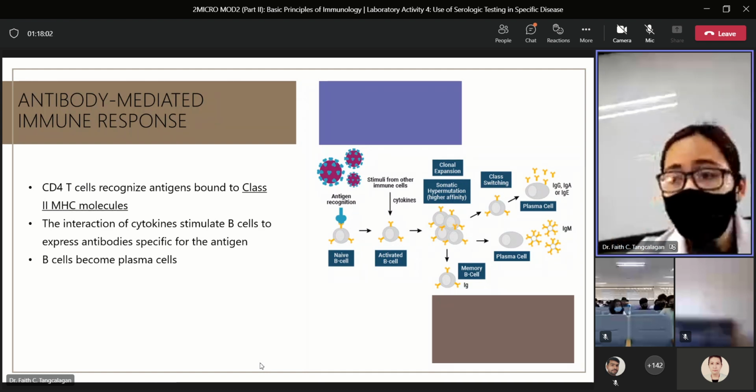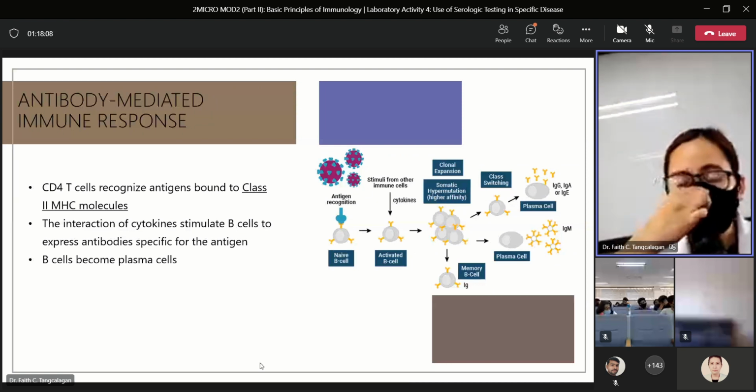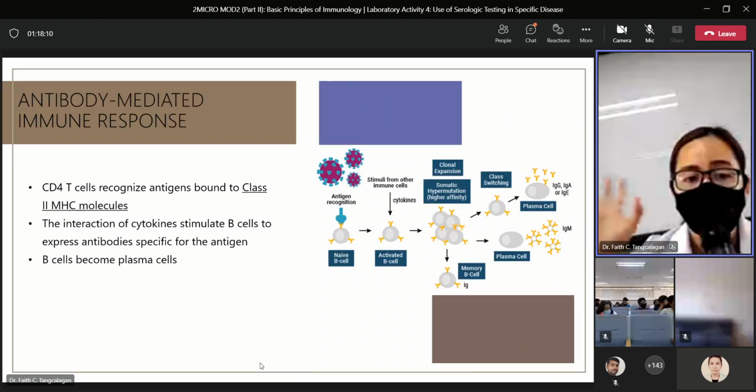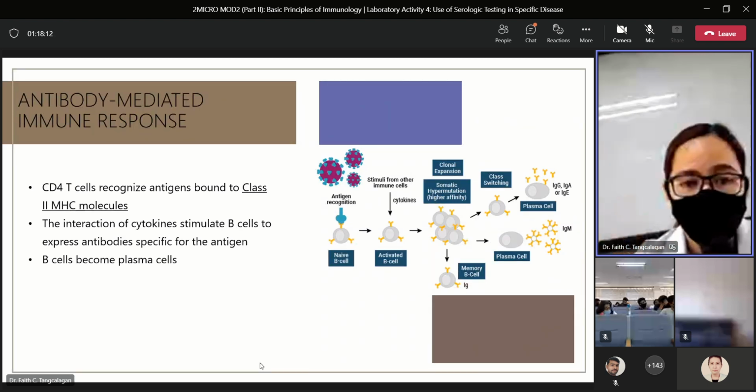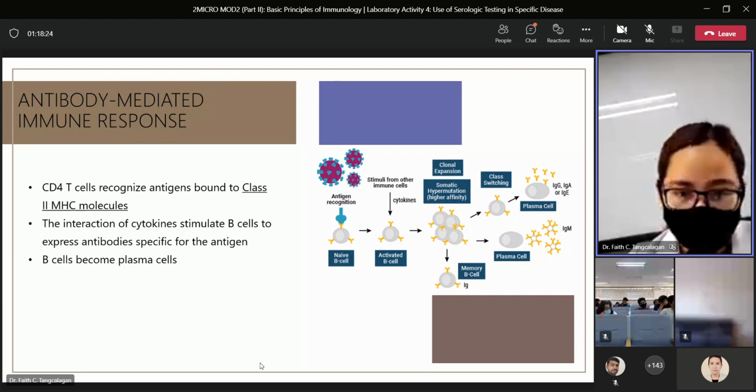Again, your CD4 T cells will interact with your antigen via binding to class 2 MHC molecules, and they stimulate the cytokines to let the B cells express antibodies. So this is your antibody-mediated immune response.